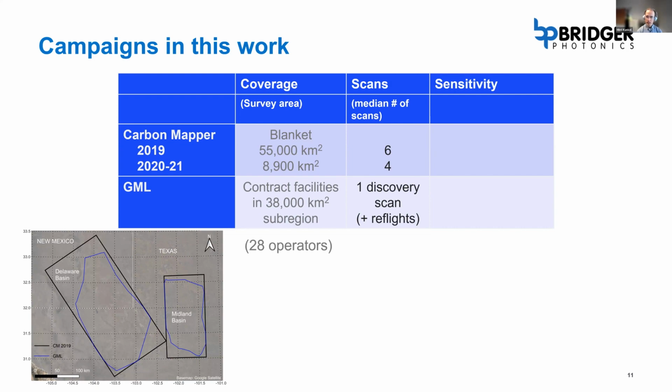And for GML, the surveys were conducted in more or less a snapshot fashion, where one flight was performed over all facilities that we intended to scan, and then reflights were called on facilities where an emission was detected on the first one. So effectively, what we are reporting here is emissions that were discovered on one overflight.